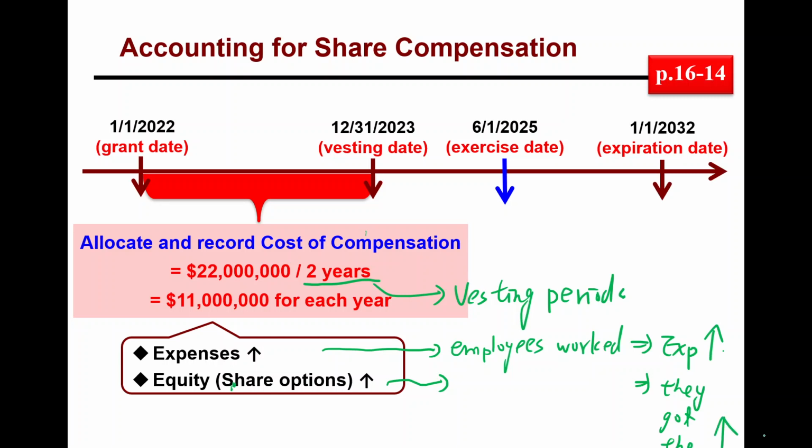They work for you, so your company's expenses are incurred. Since they worked, they can get the right for 1 year. So that's why your equity share option increases. Employees got the right, which made your equity increase. So you have to record the share option increase because employees work for you, so they got the right for 1 year.